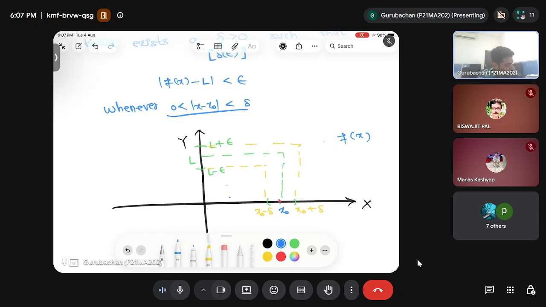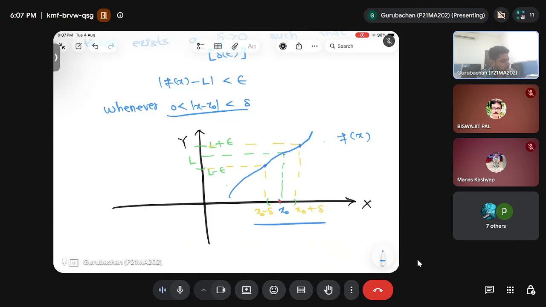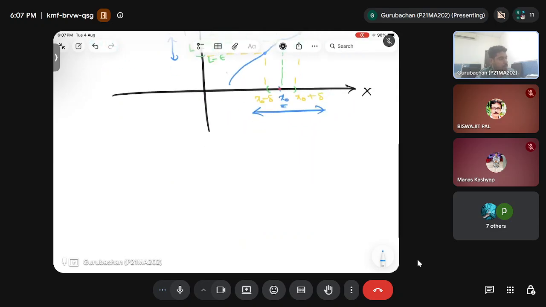So your graph should go like this, and this is your neighborhood. Whenever you take a neighborhood on the y-axis, corresponding to this neighborhood you will get a deleted neighborhood. That means you are excluding x naught on the x-axis, such that f(x) approaches this point L.